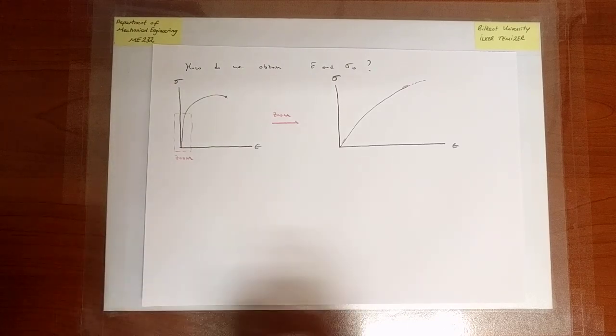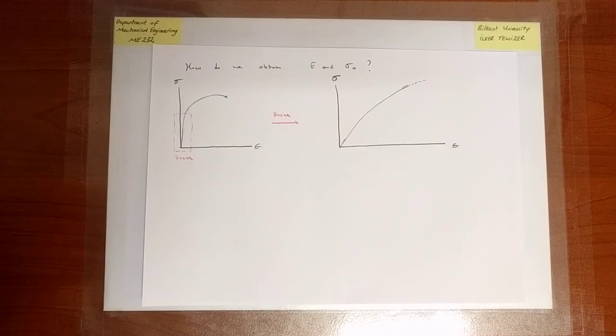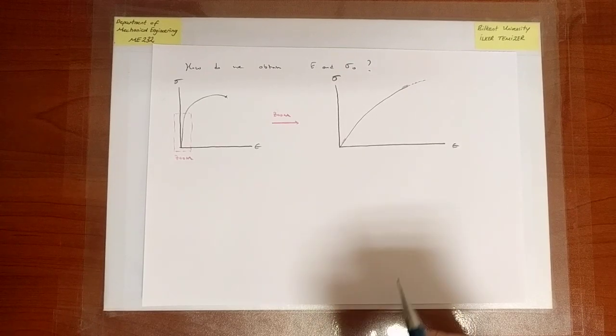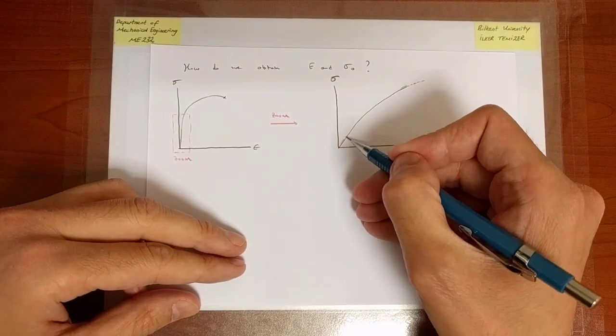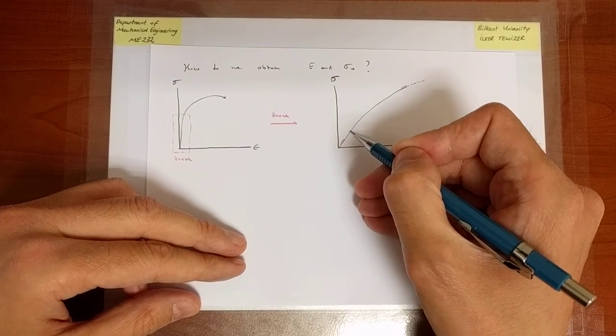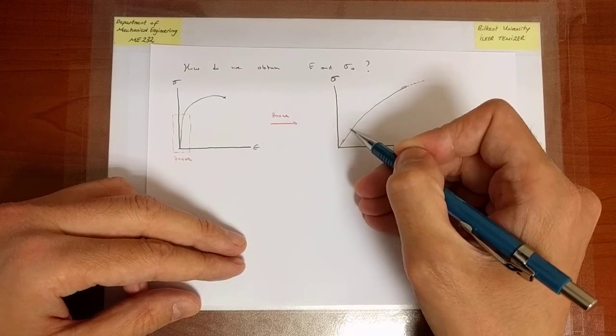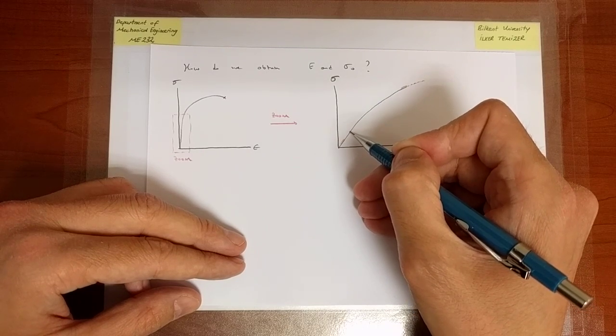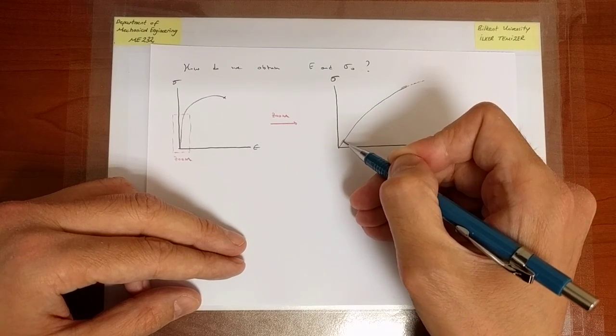Now, the question for E, the Young's modulus, is rather easy. Well, I identify a portion of the plot where the curve is almost linear, and it will be so in the experiments. So that's that portion, and I'm going to look at the slope of that curve.